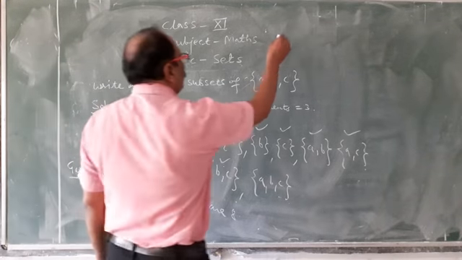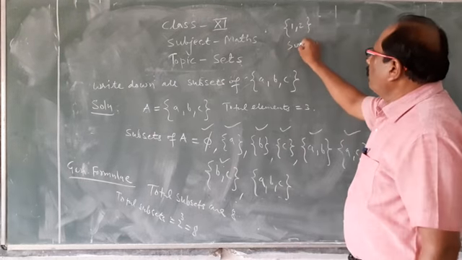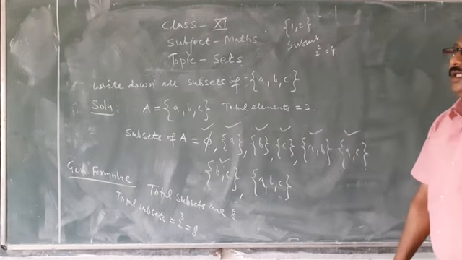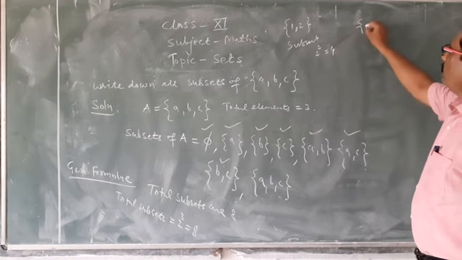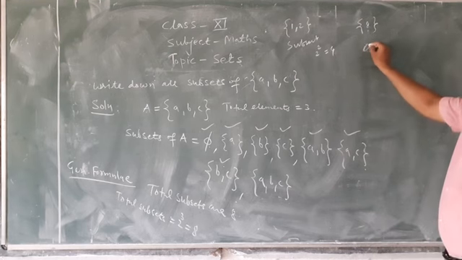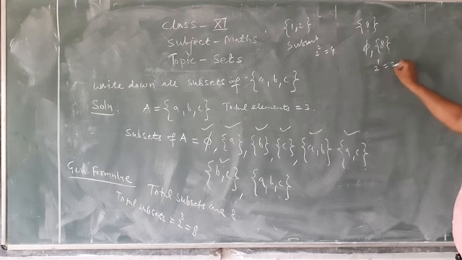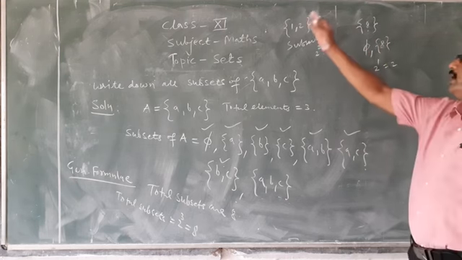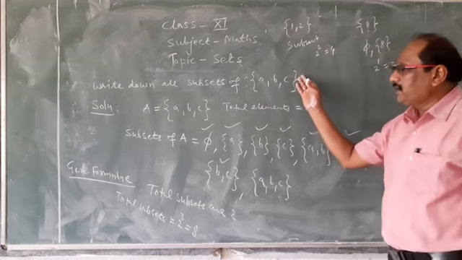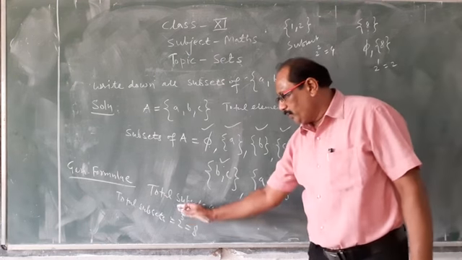If any set has 2 elements, then the number of subsets will be 2 squared, that is 4. If any set has one element, then the subsets are the empty set and the set itself, that means 2 raised to power 1 is 2. Any set having 3 elements has subsets 1, 2, 3, 4, 5, 6, 7, 8, that means 2 cubed is equal to 8.